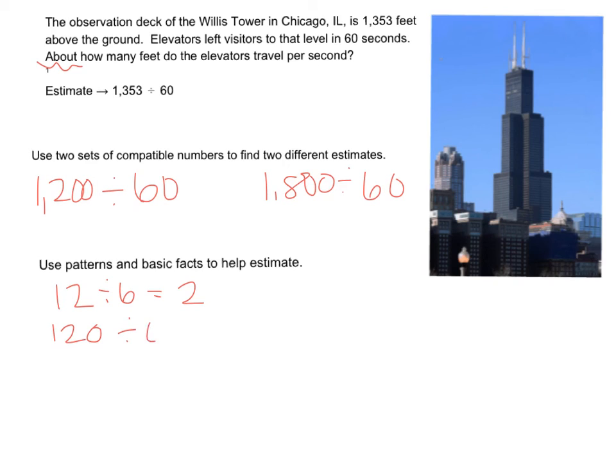So 120 divided by 60, that is still 2. Now 60, I'm going to leave because my original number was 60. I'm not going to go higher than that. But I do need to go one more place value over with 1,200. And then as I divide that by 60, that quotient is going to be 20.